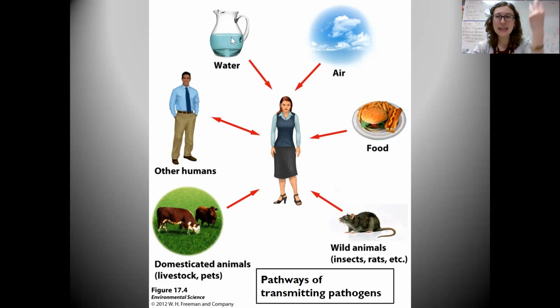We can get things from water, we can get things that are airborne, and we can get things in our food if something's not prepared properly, or if it was prepared a long time ago and has now gone bad and we got some bacteria in there. Wild animals can transmit to us, domestic animals as well. What's interesting though is that the only one where we are giving it to somebody else is other humans. So if I got something, I can give it to Billy Bob Joe.